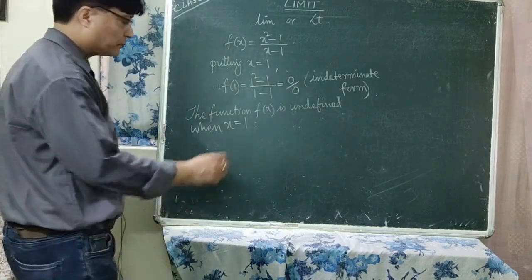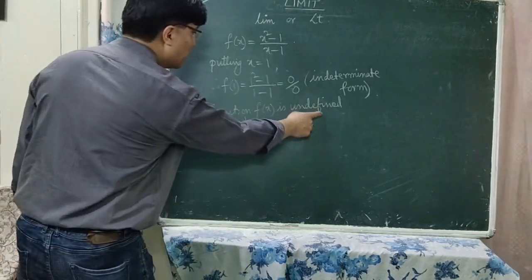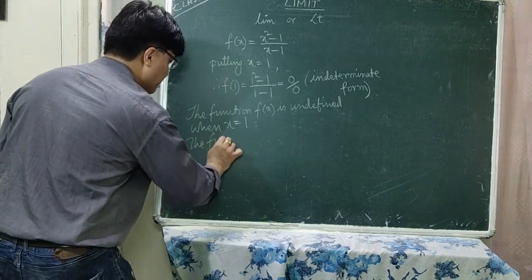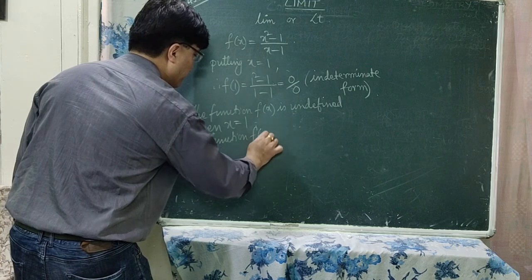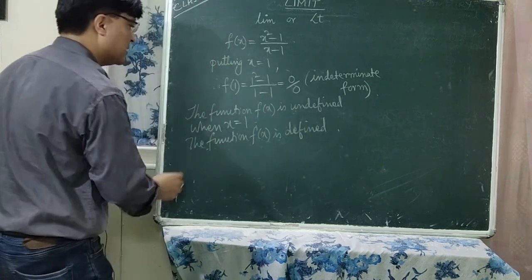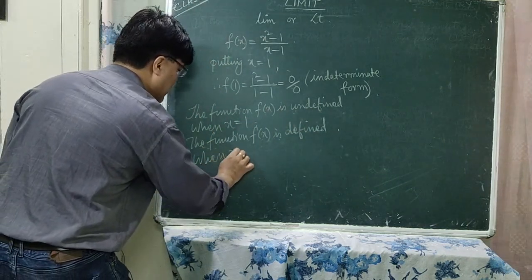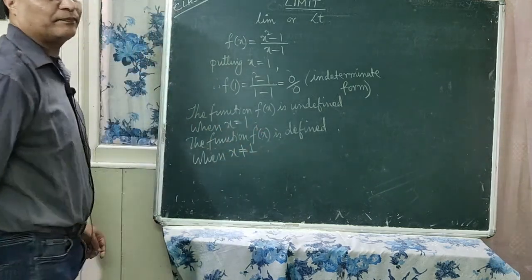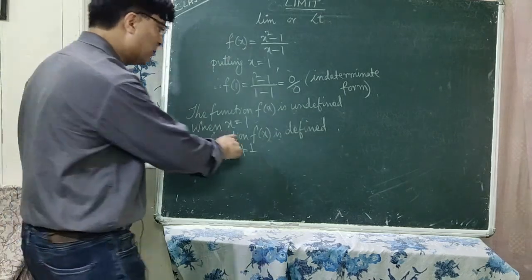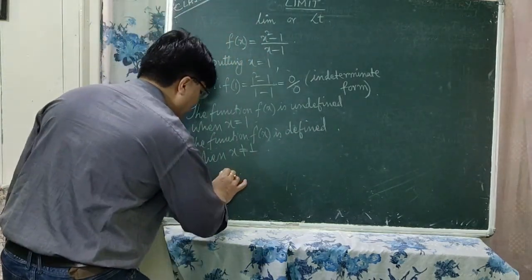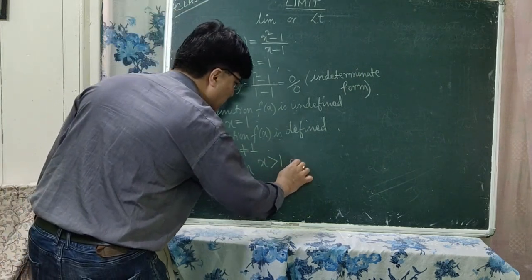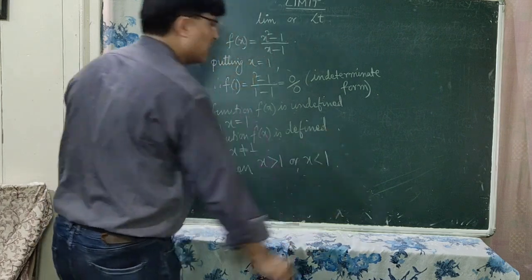That is, the function f of x is defined when x is not equal to 1, isn't it? That means it may be x greater than 1 or it may be x less than 1.